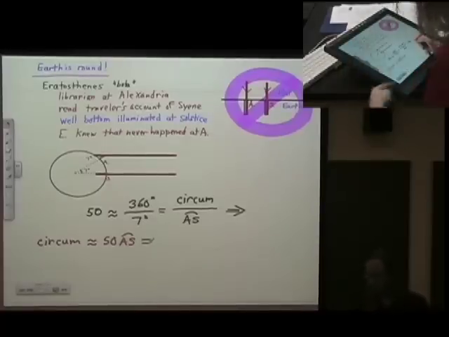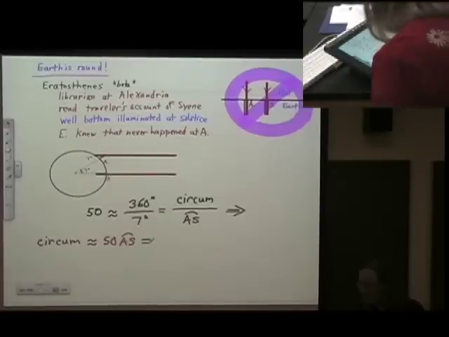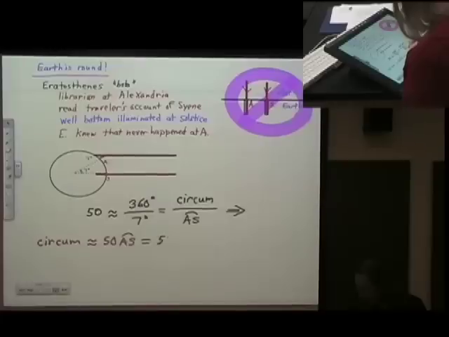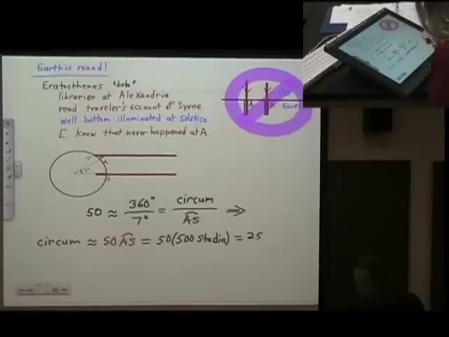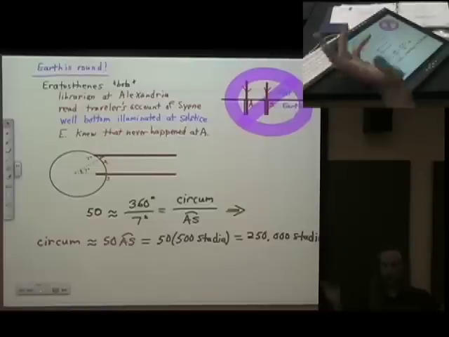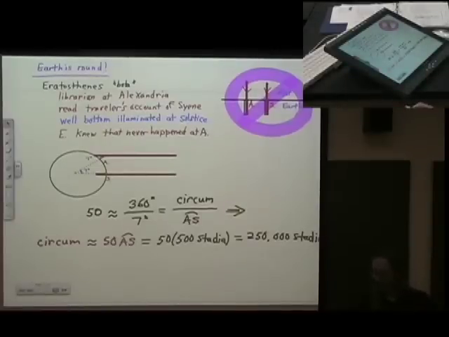the distance between Alexandria and Syene was estimated by Eratosthenes to be 500 stadia. So that means the circumference of the Earth is 50 times 500, or 250,000 stadia. Okay, well, historians have another problem now. What exactly is one stadium? It's a unit of length that's no longer in use.